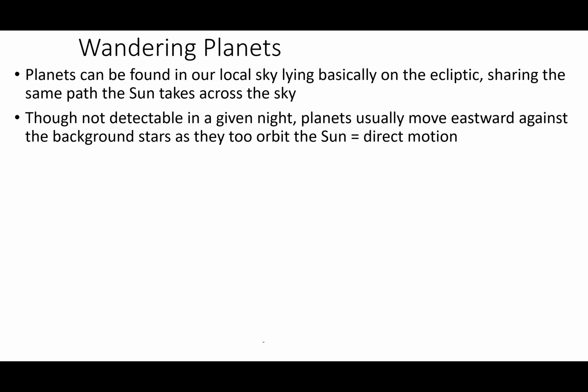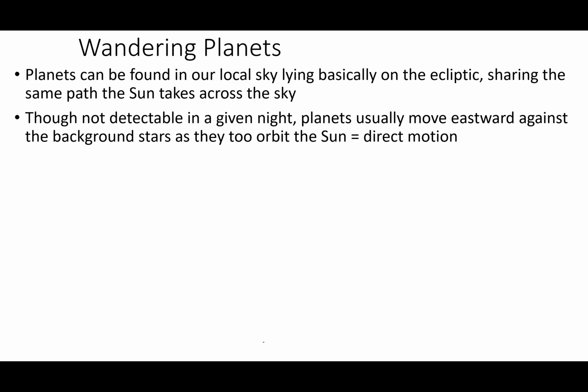One of the things about planets is that they will be against different background stars. If you pull up Stellarium, you'll see that we've definitely got planets out this time of year, or right now anyway. We've got Venus, where the sun sets kind of in the west.